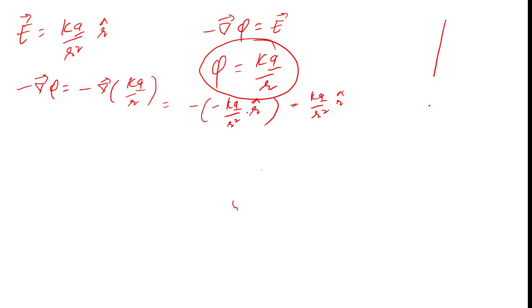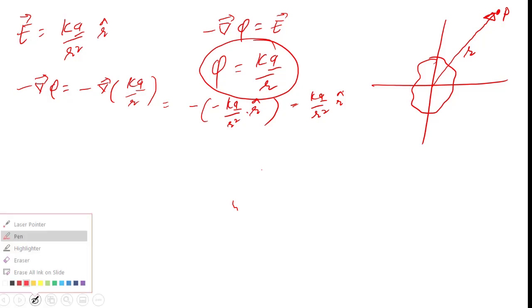Now, if I have any randomly shaped charge distribution, something like that, then I can measure the potential at a point P due to this charge distribution. I can say that this point P is at a distance r from the origin.